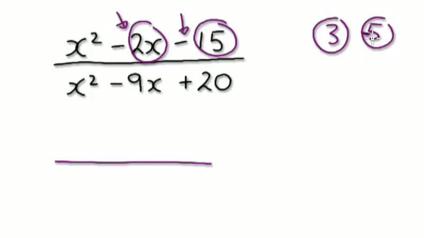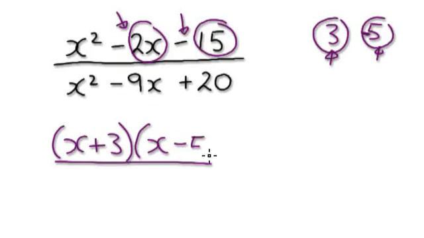I'm going to stick the minus 5 in here, because positive 3x minus 5x will give me minus 2x. So it's going to be a 3 and a negative 5. So immediately it will be this: x plus 3, x minus 5.